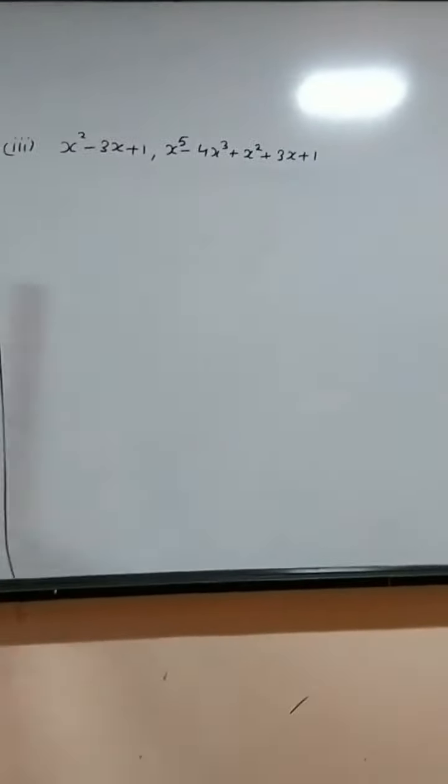Now, question number 4. On dividing x cube minus 3x square plus x plus 2 by a polynomial gx, the quotient and the remainder were x minus 2 and minus 2x plus 4 respectively. Find gx. So we know that px is equal to gx into qx plus rx. What is given here?